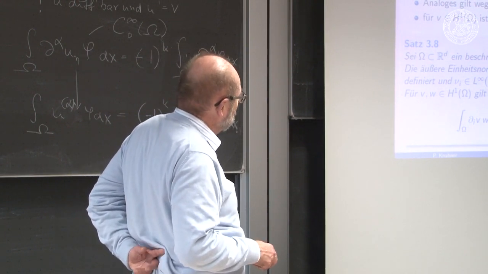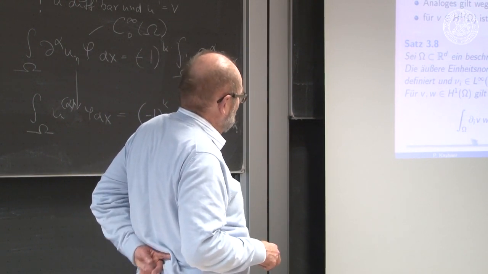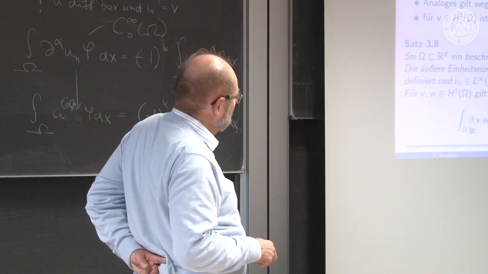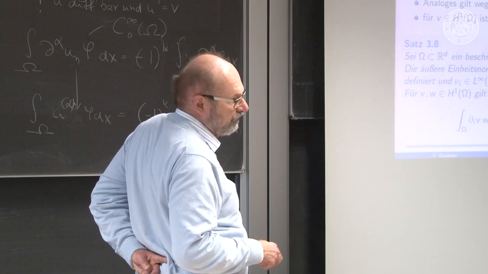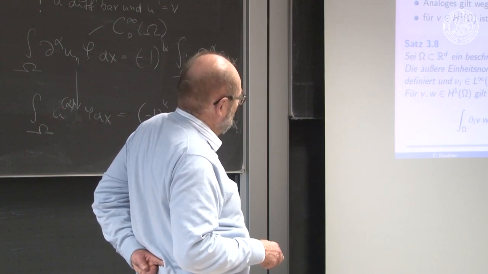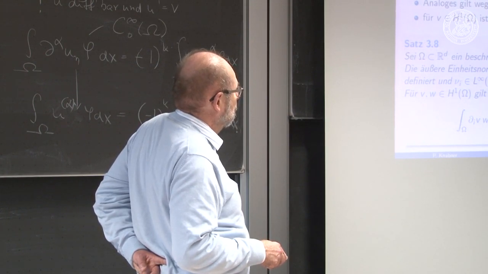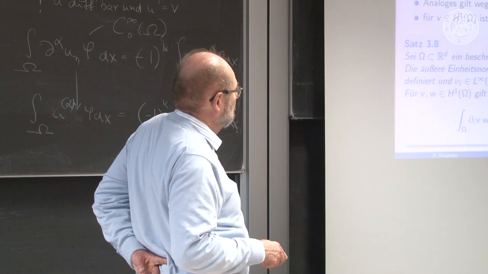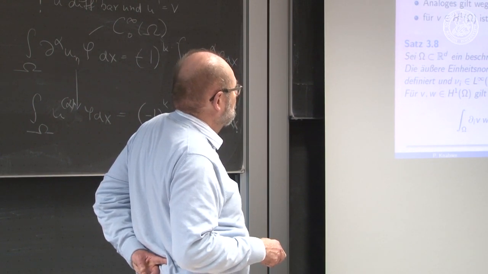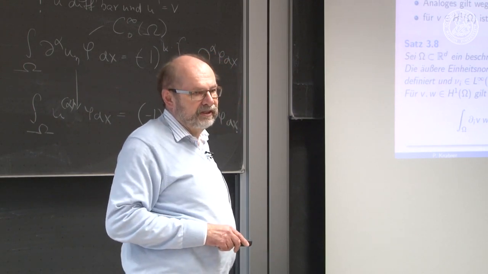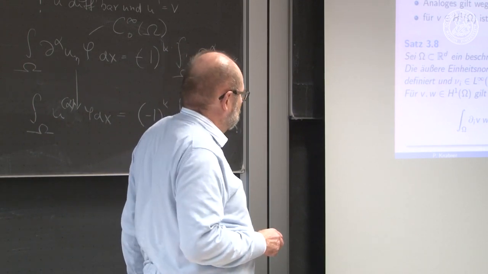So that's just the formula, saying I consider one of the derivatives, the ith derivative. I can bring the ith derivative over to the other factor in the integrand. And in addition, I get a boundary integral over the product terms in the direction of the ith component of the normal. So that would be the basic partial integration formula in d dimensions which we would like to see.